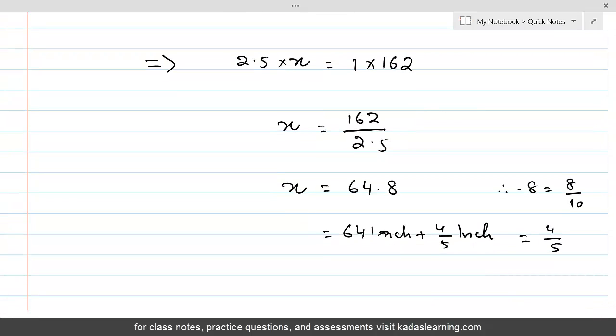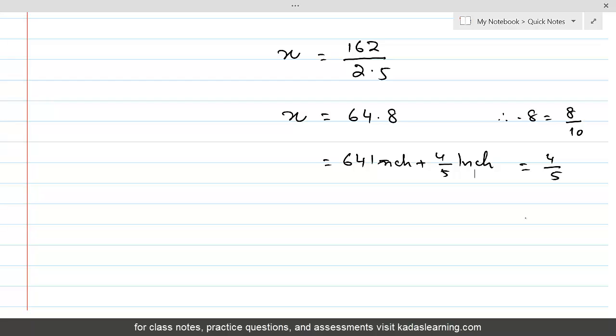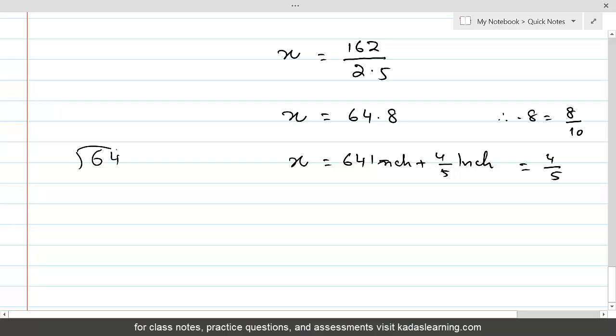And now let us convert 64 inches into feet and inches separately. So if we convert this 64, for that purpose we are going to divide it by 12. Here 5 times 12 is 60, and what we have in remainder is 4.